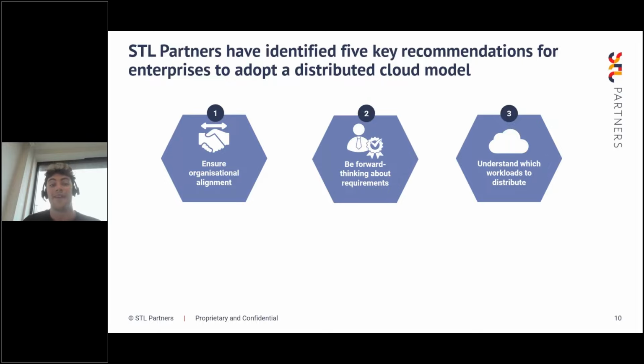So enterprises should be carrying out a cost-benefit analysis to consider the impact on their revenues were they not to adopt a distributed architecture. Enterprises also have to be forward-thinking about requirements, considering their future IT requirements alongside their current needs. And the reality is that IT requirements will grow in line with organizational expansion.